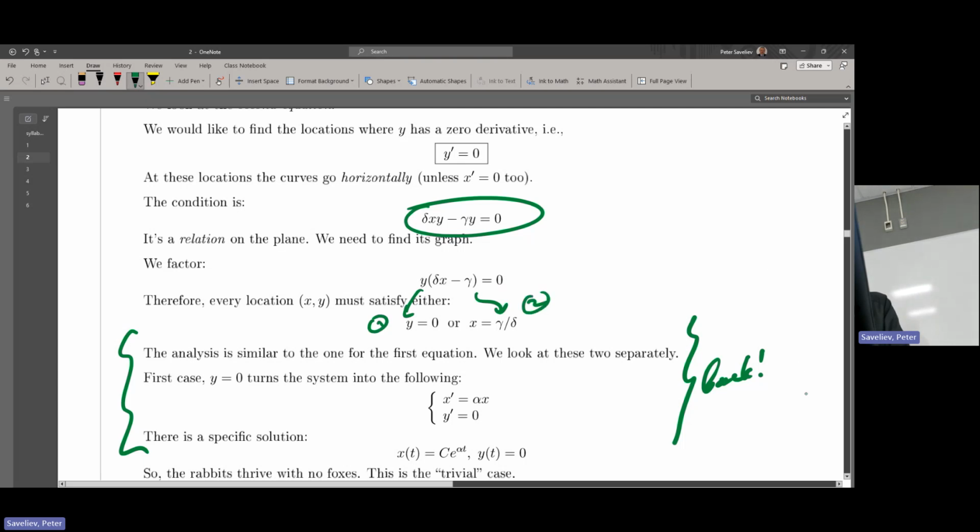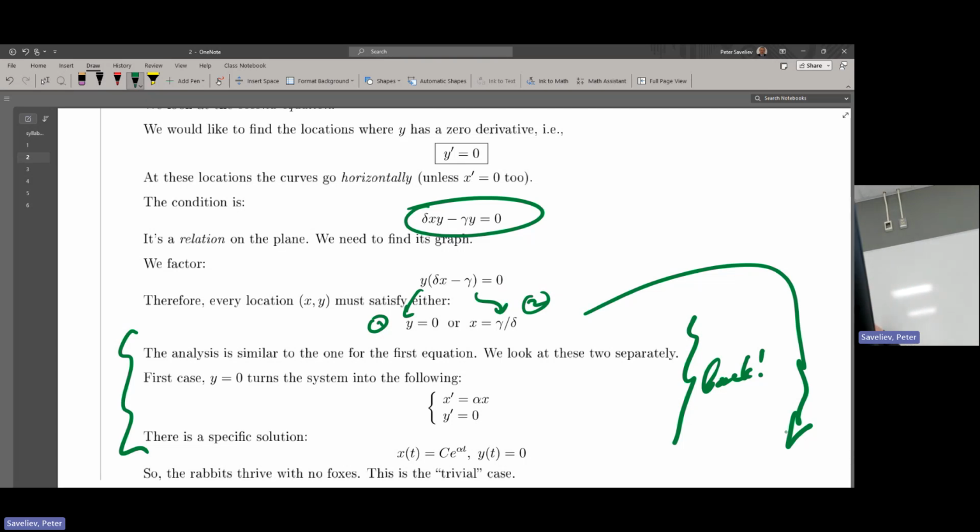There's a special number of rabbits that freezes the number of foxes. In other words, when the number of rabbits is exactly this, then the number of foxes is neither growing nor declining. Okay.